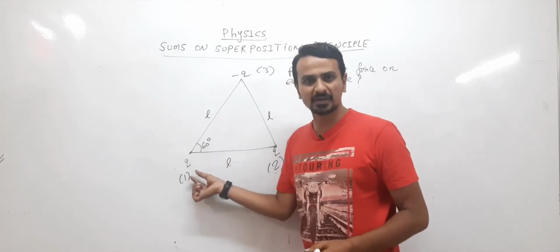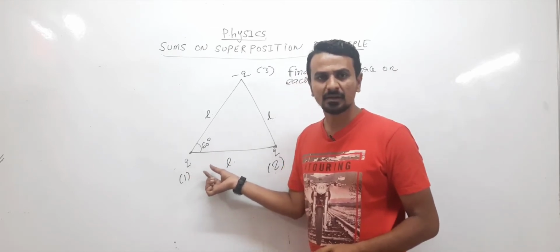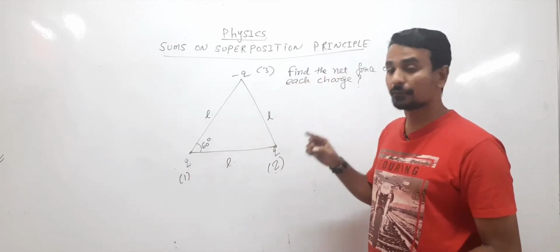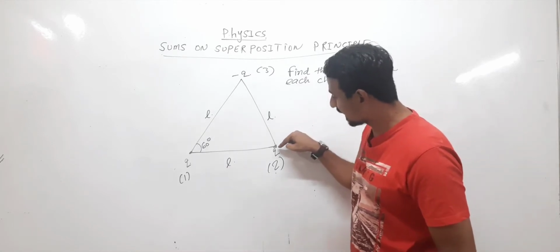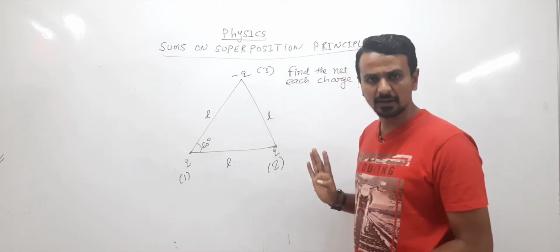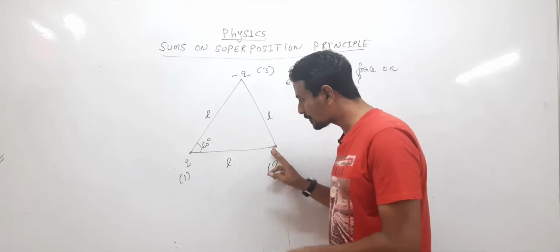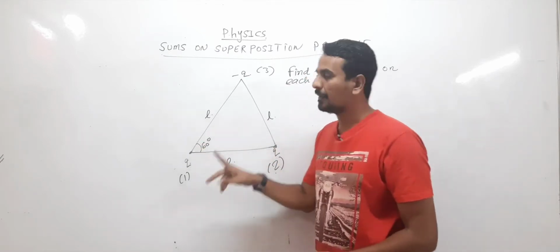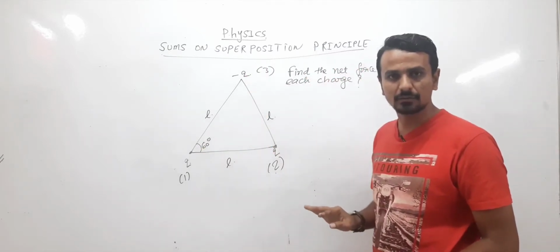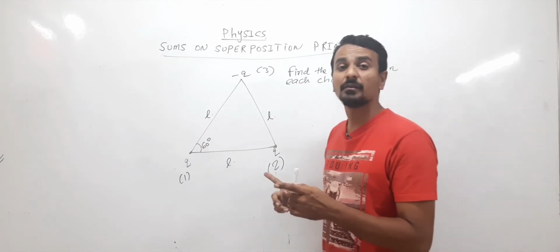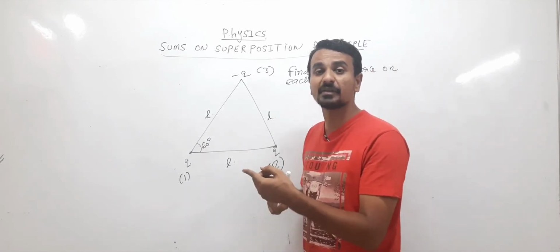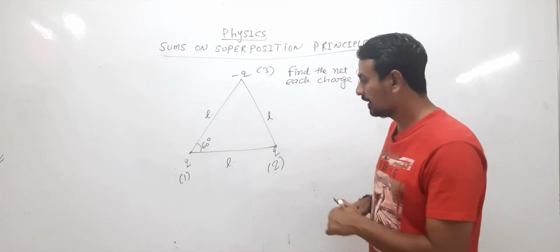So the force on the first charge will be the sum of the forces because of the second and third charge. Clear? Force on the first charge because of the second, because of the third, right? So that will be calculated with the help of the superposition principle, right?